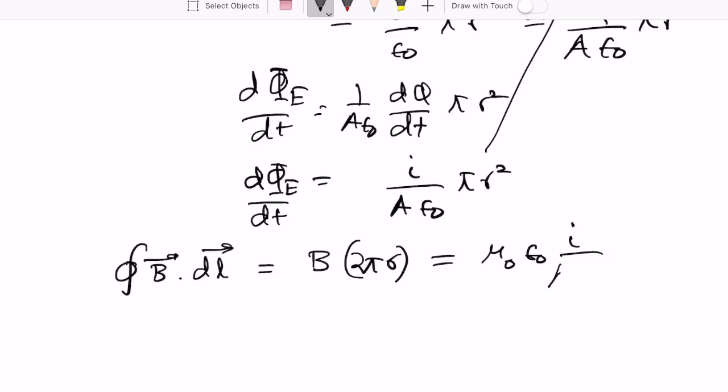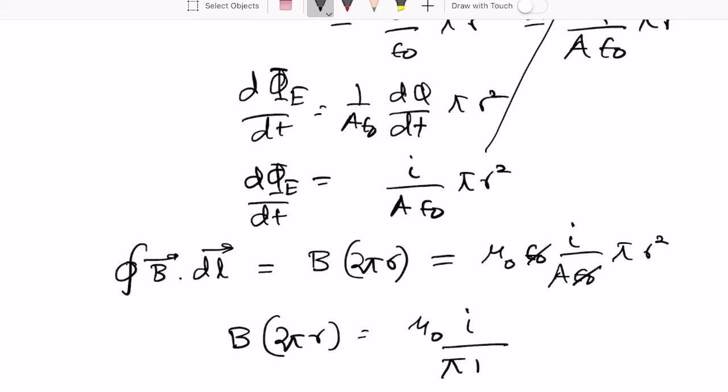So I divided by A epsilon 0 times pi r square, epsilon 0 cancels out. So you get B times 2 pi r is equal to mu 0 times I divided by pi capital R square times pi little r square. The pi cancels out as well.